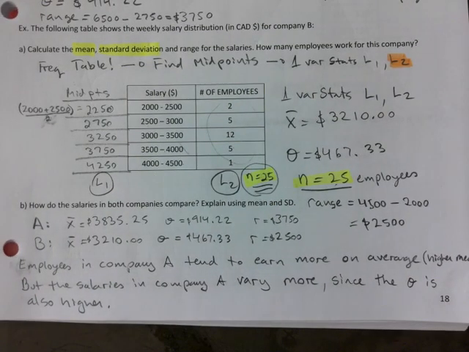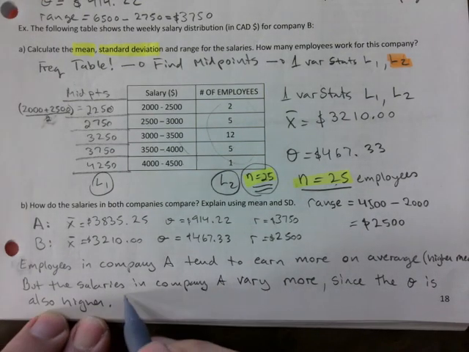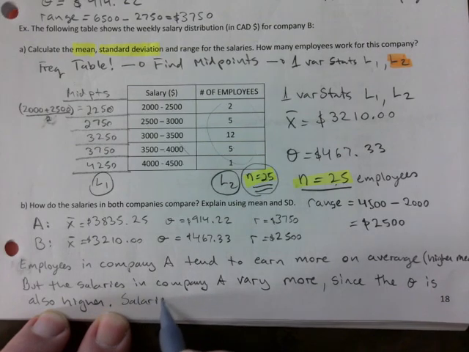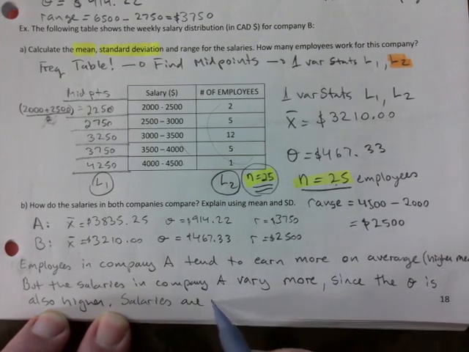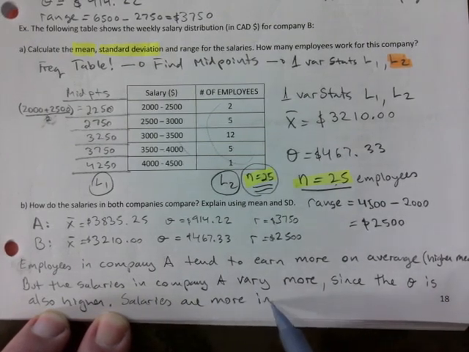What's another word that you could have used for vary? You could have said this: salaries in company A are more spread out. They're not consistent, right? Salaries are more inconsistent.